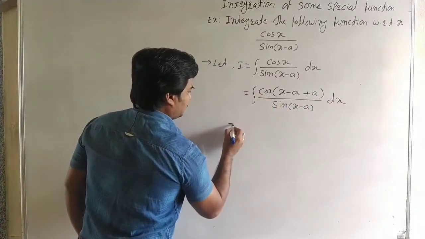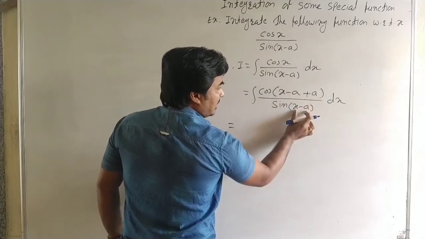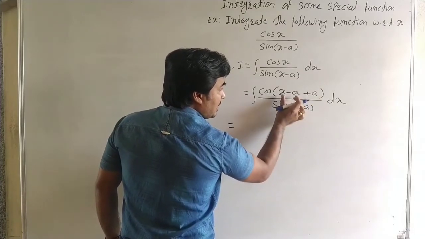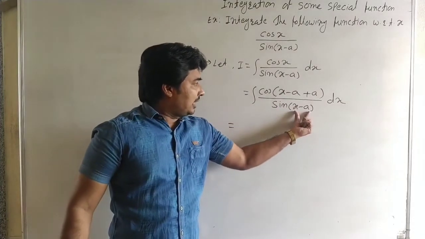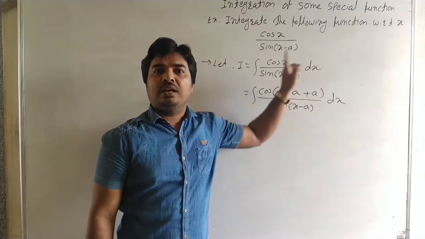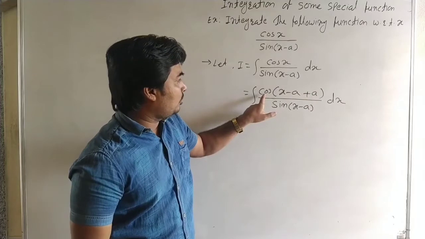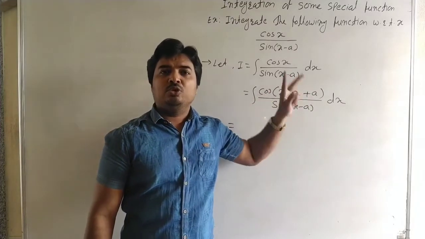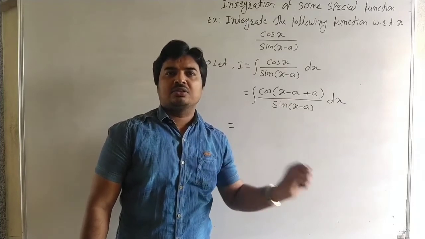Now here it is cos of x minus a plus a, we adjust the angle x minus a. We take x minus a as a and the remaining angle is b. We use the formula cos a plus b, and we know that cos a plus b is cos a cos b minus sin a sin b.